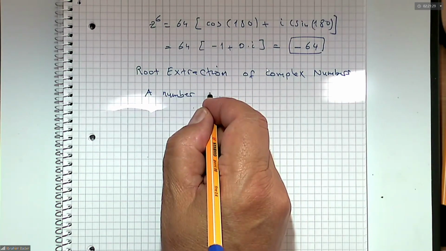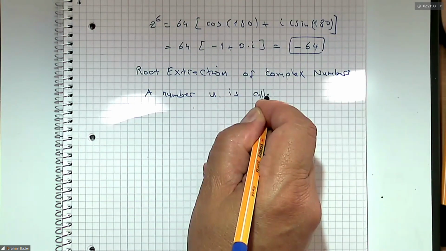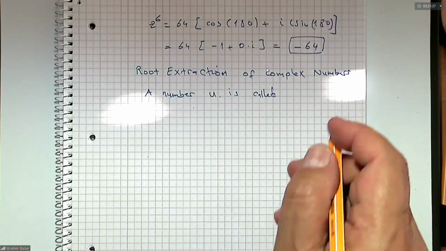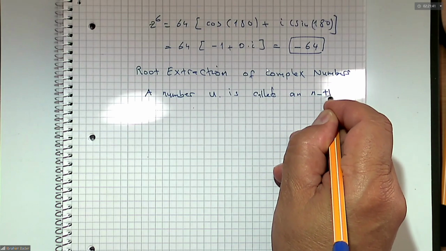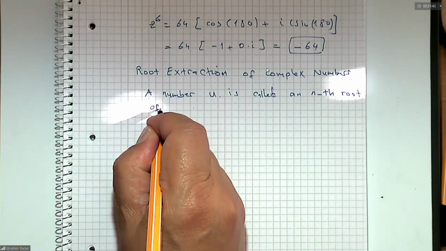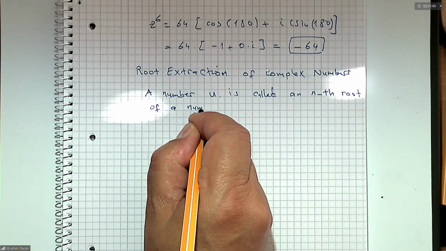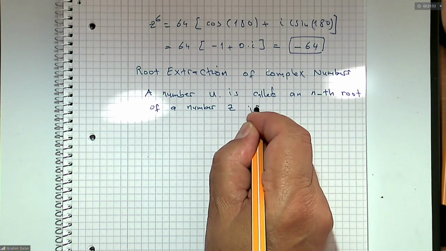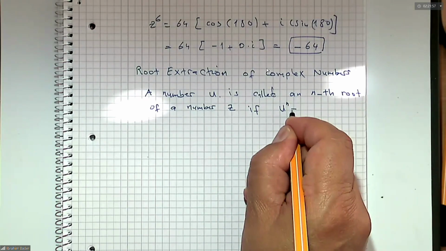A number u is called an nth root of another number z if u to the power n is equal to z.